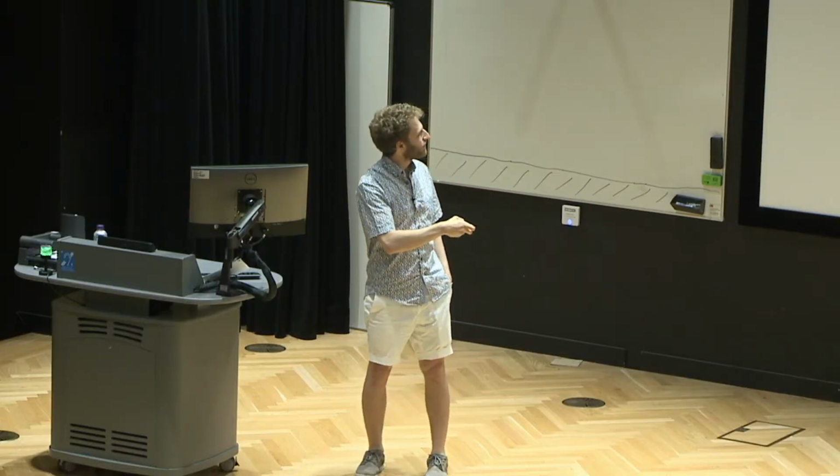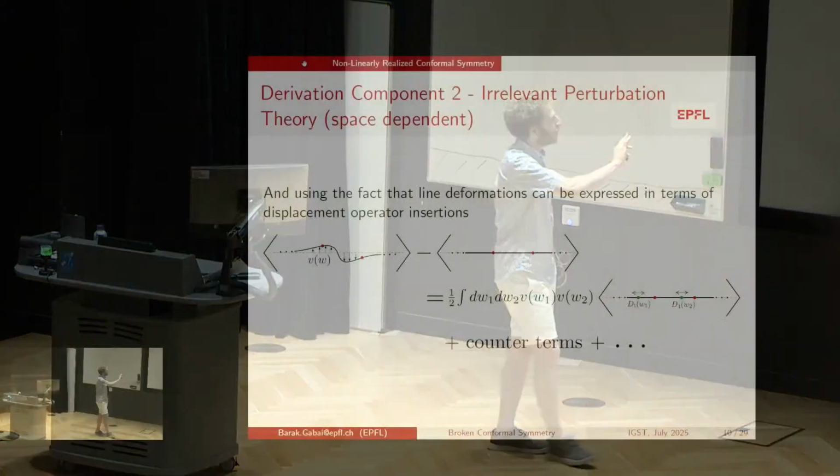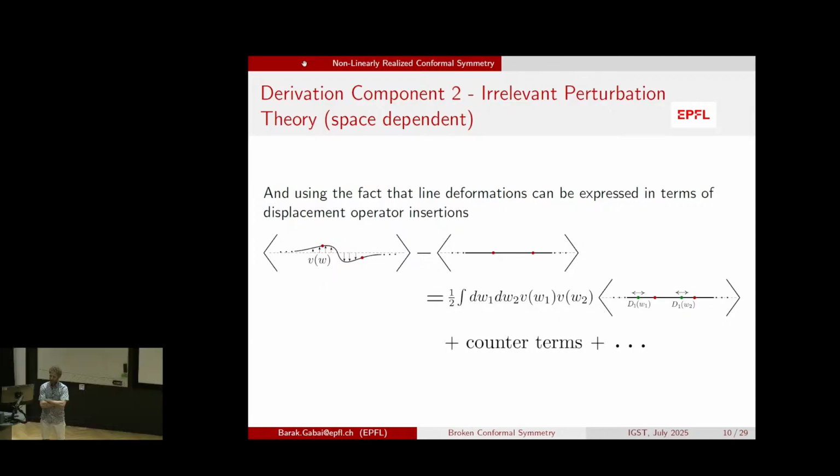In the context of the derivation here, I'm not assuming any weak coupling. If you want, I'm assuming, oh, you mean V is small. Yeah, so would the same thing apply at strong coupling? Okay, so maybe I should clarify that V here is the coupling from the point of view of relevant perturbation theory, but the coupling here is how much you want to displace the line from the straight line.